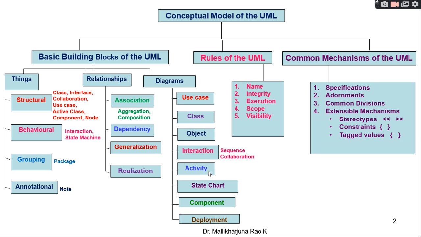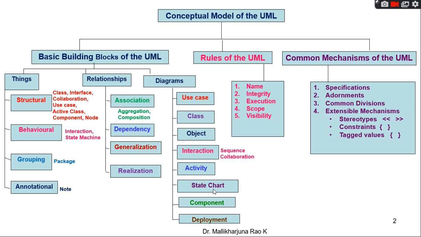Or one program may involve multi-threading. If you want to model such a process, you will use an activity diagram. Here we will identify the various objects and their states, and how the objects respond to various inputs. That we will model in the activity diagram.